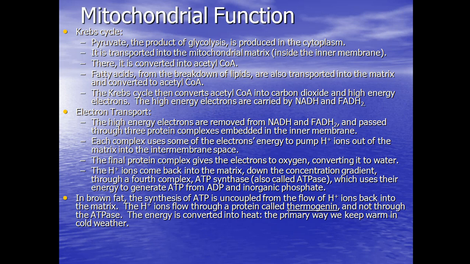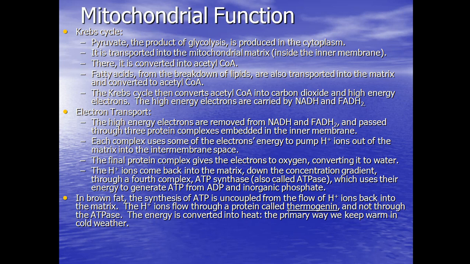Once it is transported to the mitochondrial matrix, there the pyruvate is converted into acetyl coenzyme A. Fatty acids from the breakdown of lipids are also transported into the matrix and converted into acetyl coenzyme A. Not only glucose, even fatty acids are pushed to the matrix where they are converted to acetyl coenzyme A.